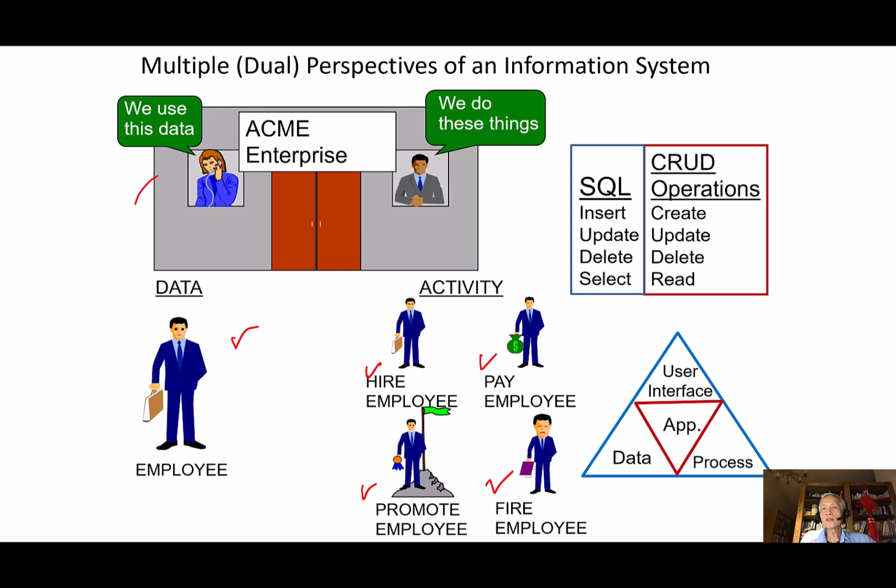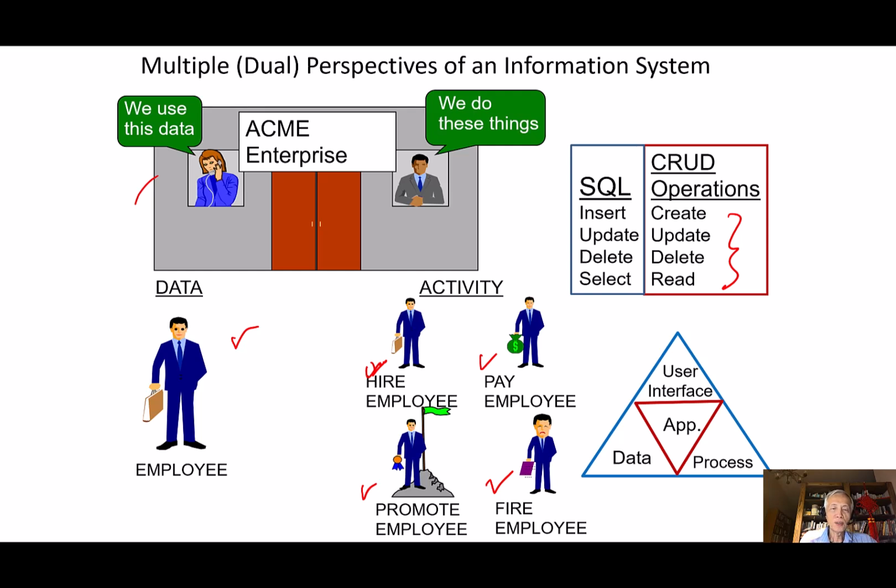The typical operation against the data that we have, we sometimes refer to it as CRUD. Create, update, delete, and read. Let's just quickly go over the business activity corresponding to the CRUD operation. When you hire an employee, we basically are creating an employee record.